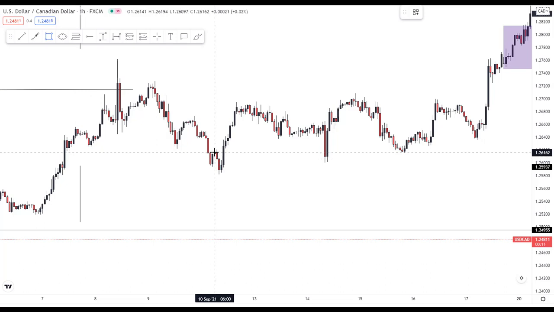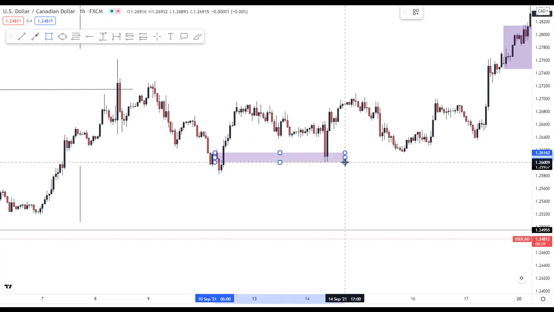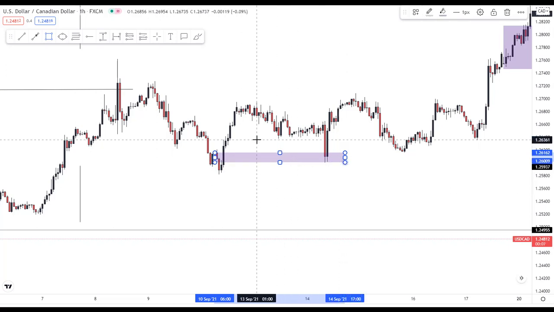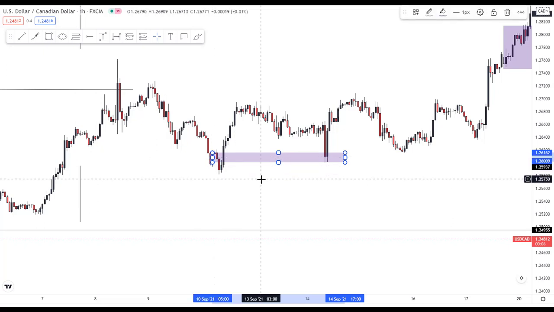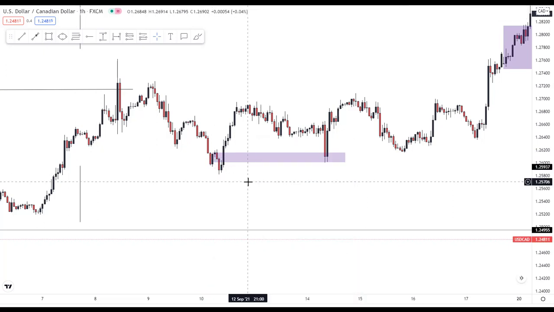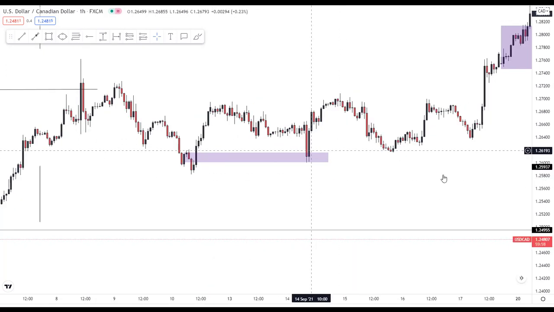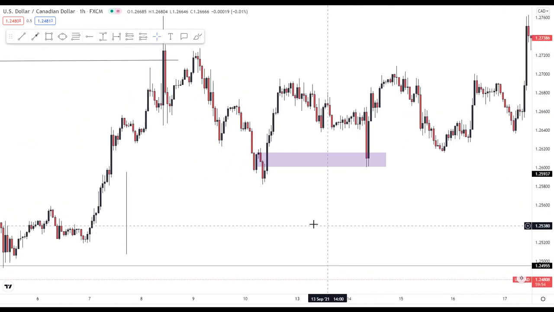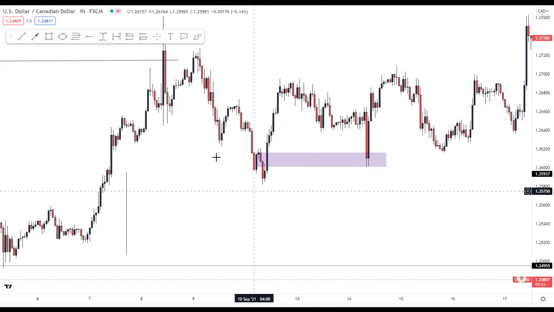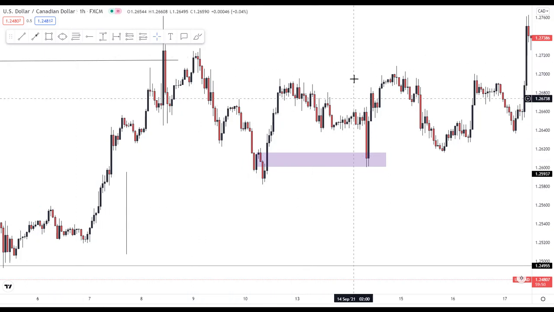So now if I draw this all the way, this would have been that low level right here. As you can see, that would have been a really, really good entry right there. So in order to, I'm gonna bring in the day separator.